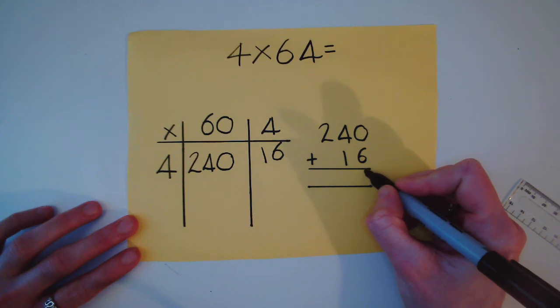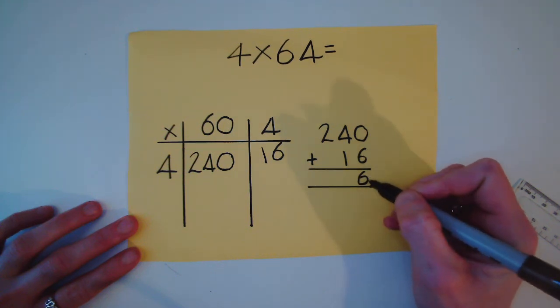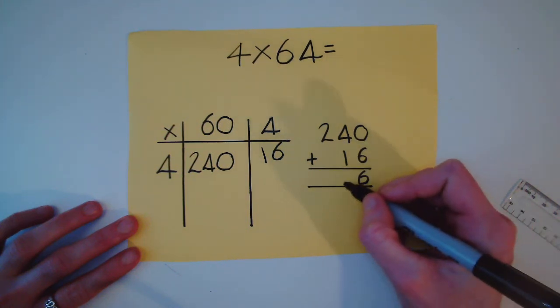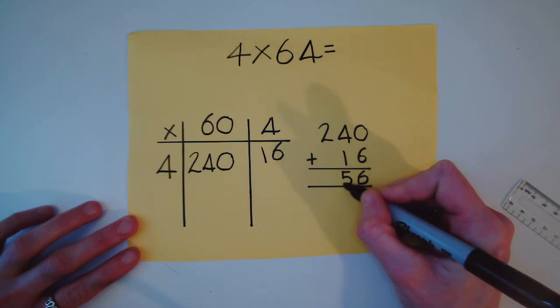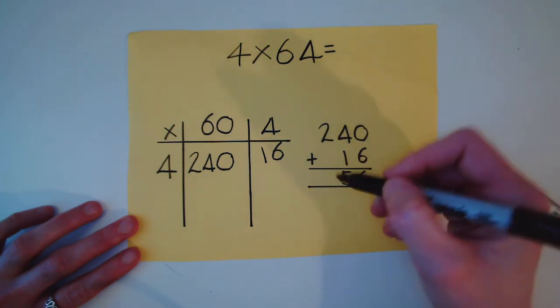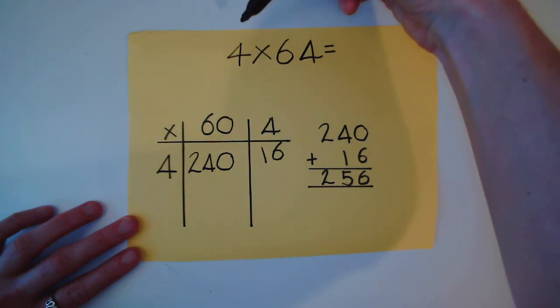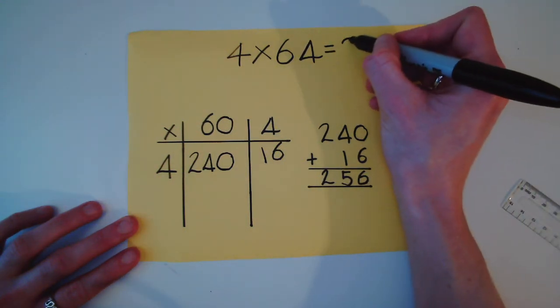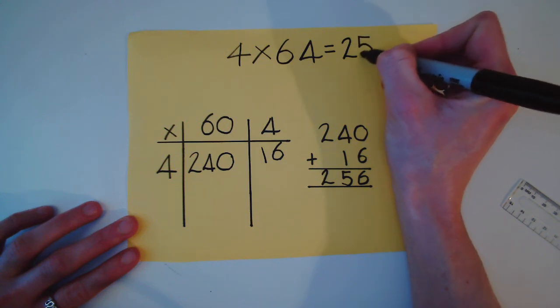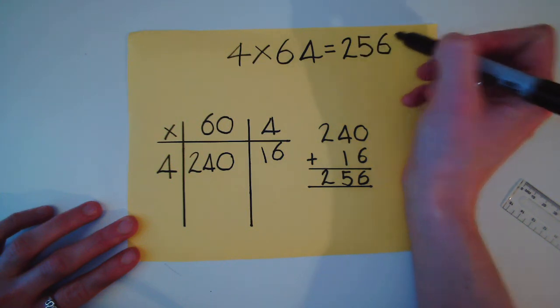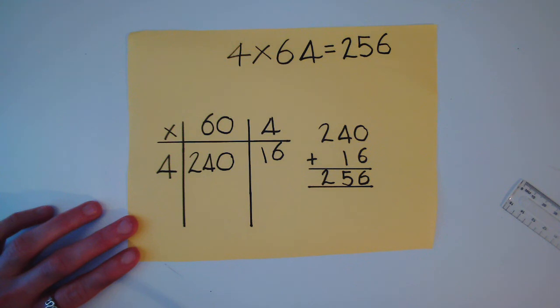Ones, brilliant. So we've got 0 add 6 is 6. 4 add 1 in our tens column, 5. And 2 for 200. So our final answer for 4 times 64 is 256. So well done if you've done that as well.